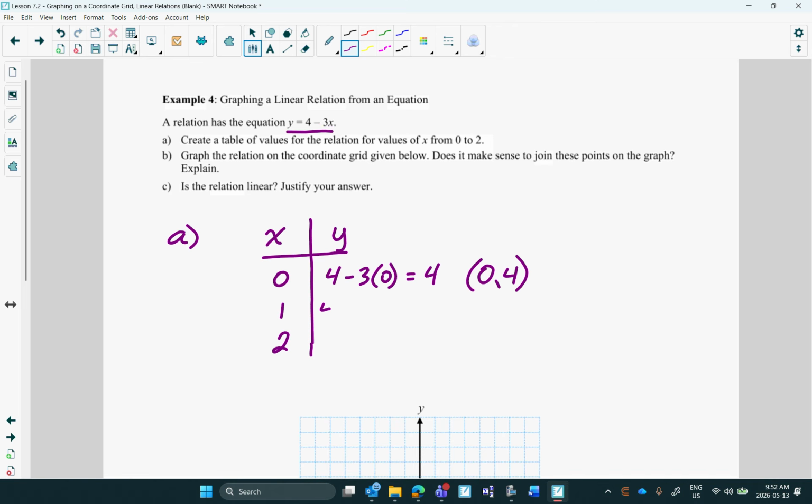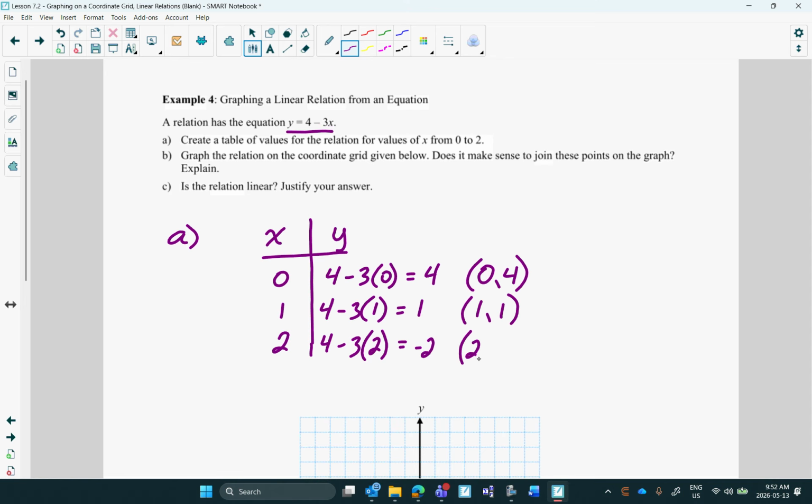A second one is when we plug 1 in for x. What do I get here? 1. A second point is 1, 1. Now we plug in 2. And we get -2.